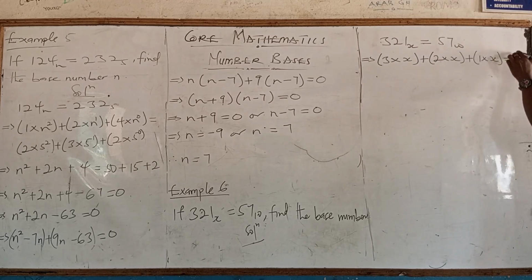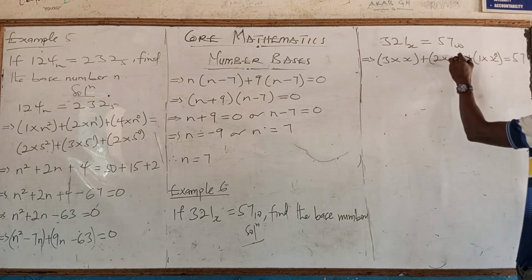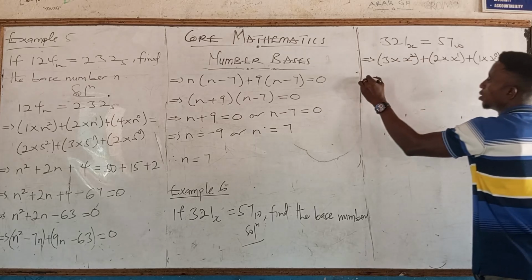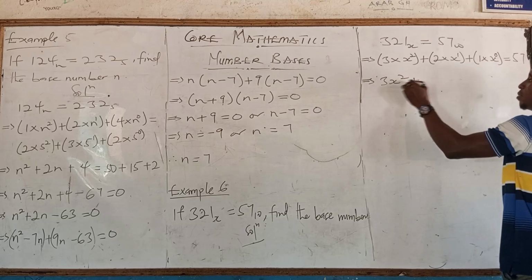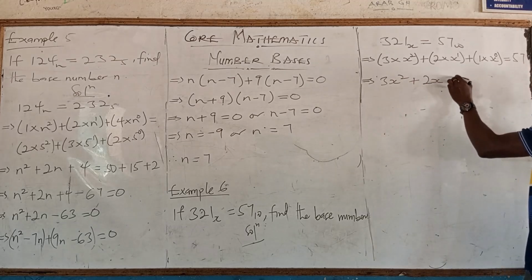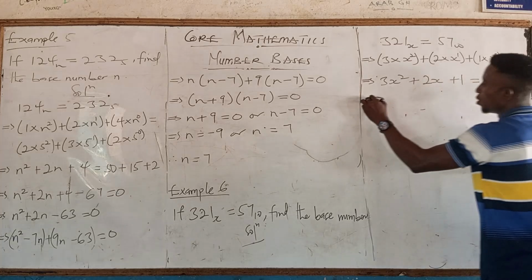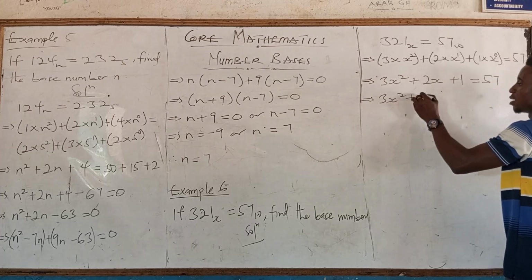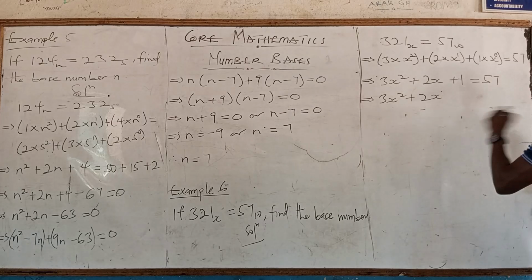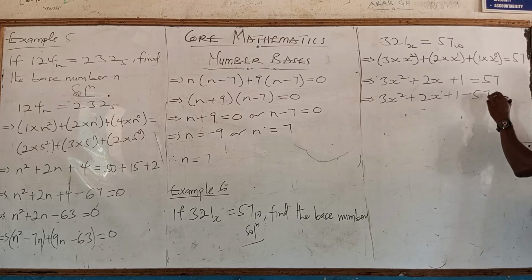Then we get 3x squared plus 2x, then plus 1, which is equal to 57. Then what do we do? We send everything to this side. So I'll have 3x squared plus 2x, then this one coming this way will now be plus 1 minus 57, and it's equal to 0.